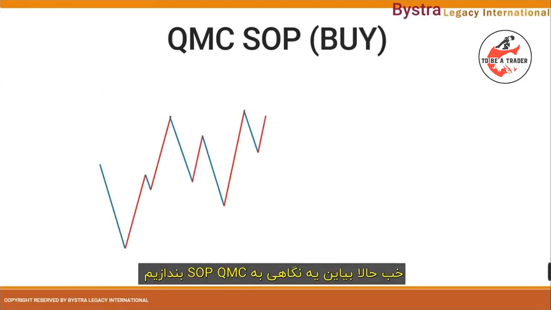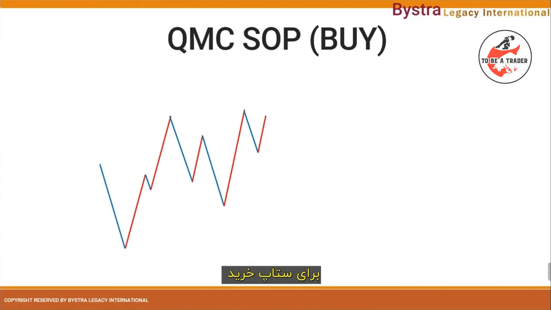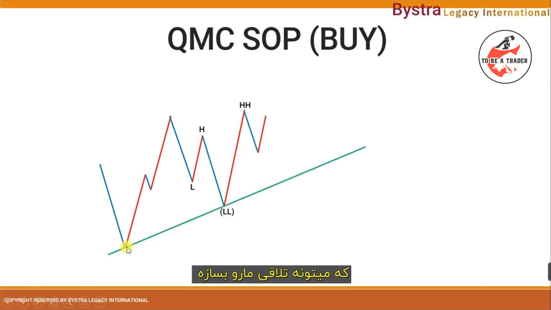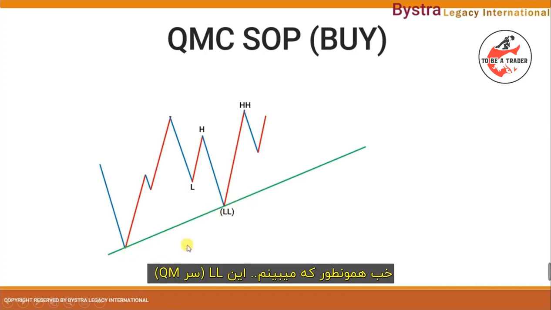Alright, now let's look at the QMC SOP for the buy setup. As we can see here, there is a QM buy setup. We can see the low, high, lower low, and the higher high. At the same time, there is one support here that we can make our confluence. Here we can see that this lower low, the head of the QM, is on the second drive.